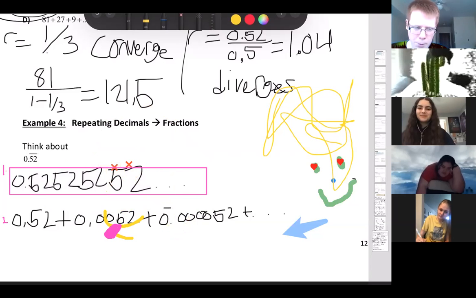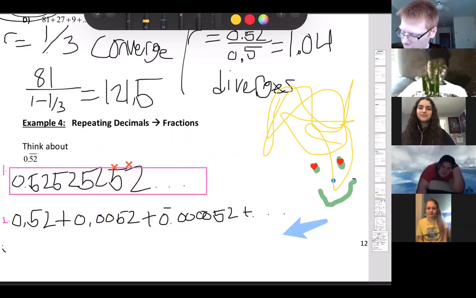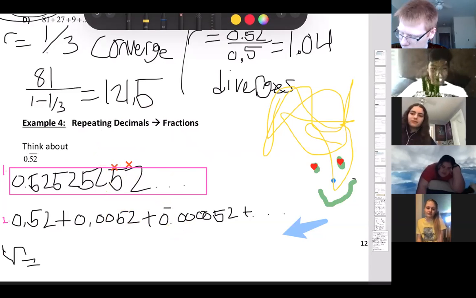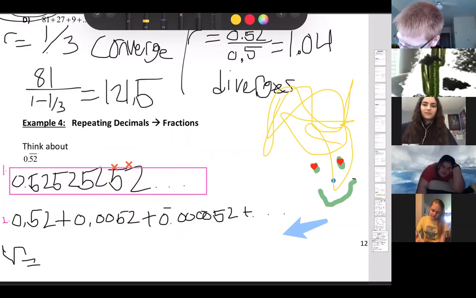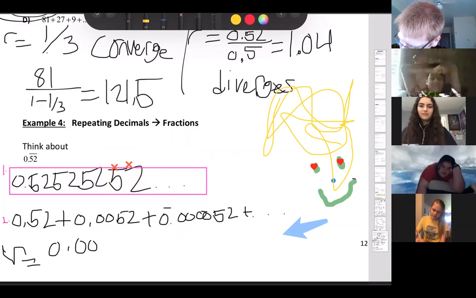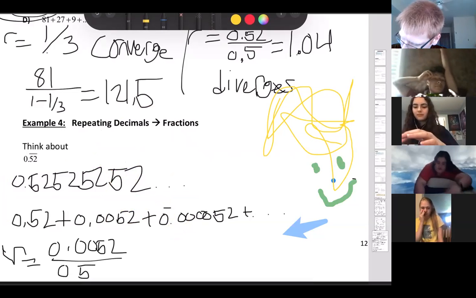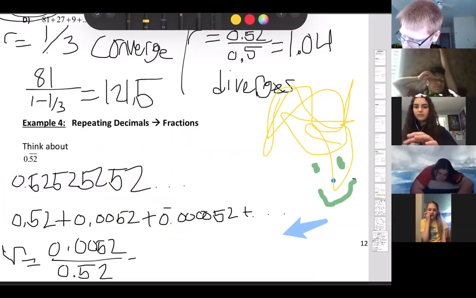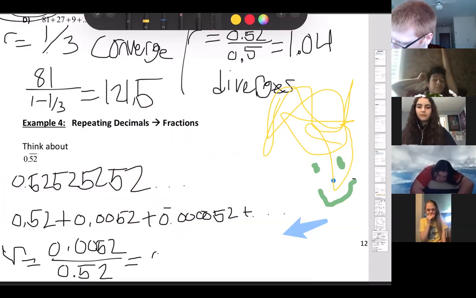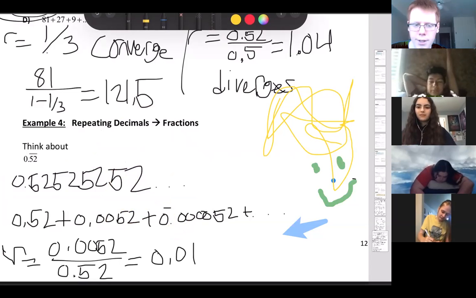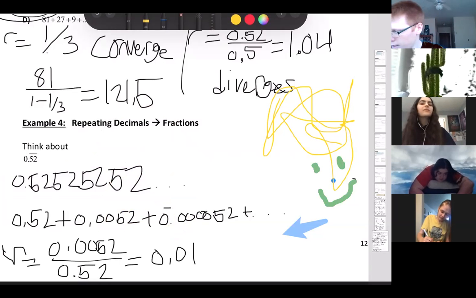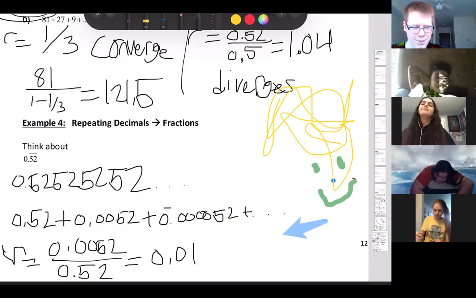Just like what we did above, we need to find our R value. So for our R value, we could take the second term divided by the first term. If you plug that into your calculator, you get about 0.01. So 1 over 100.